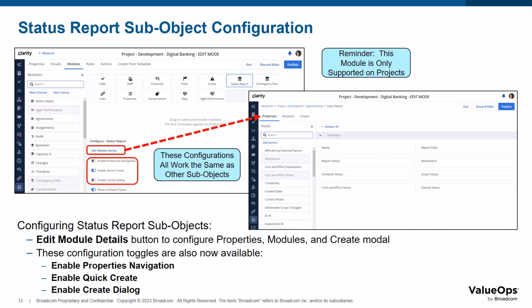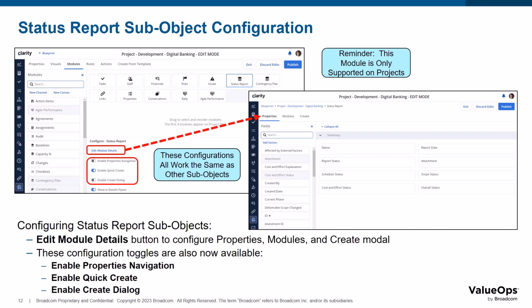We have the Enable Module Details button that is now available for this subobject, and if you click that, you'll have access to the Properties page where you can configure what attributes you want to display in Properties for the subobject. You also have the modules where you can configure what modules you want to appear in both the Properties and your Details flyout for the subobject, and you also can configure the Create modal for this subobject.